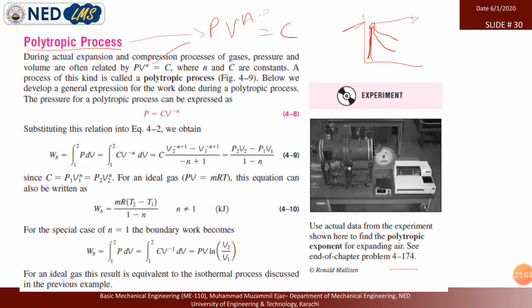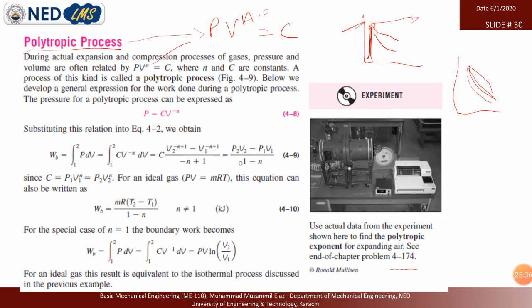We have an experimental machine which can calculate this value of n experimentally, showing how the system will follow the path, either like this, like this, or like this. So we have an actual practical machine which calculates the polytropic index or polytropic exponent.